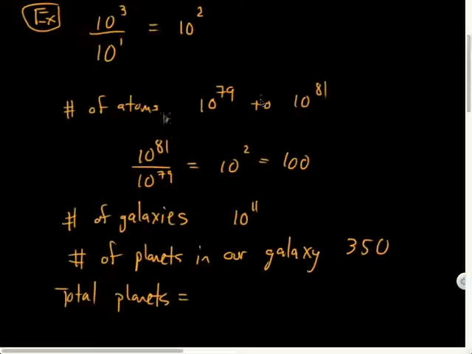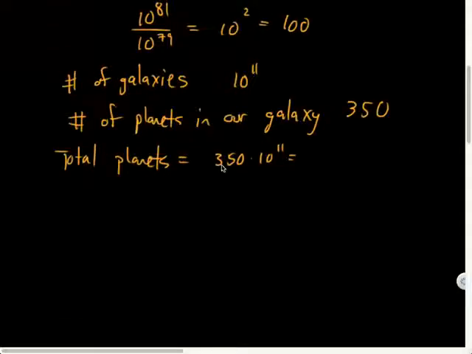If I know the number of galaxies and the number of planets in our galaxy, I could estimate the total number of planets by doing what? Right, 350 times 10 to the 11th, which is, let's see, I've got this written down. So a lot.